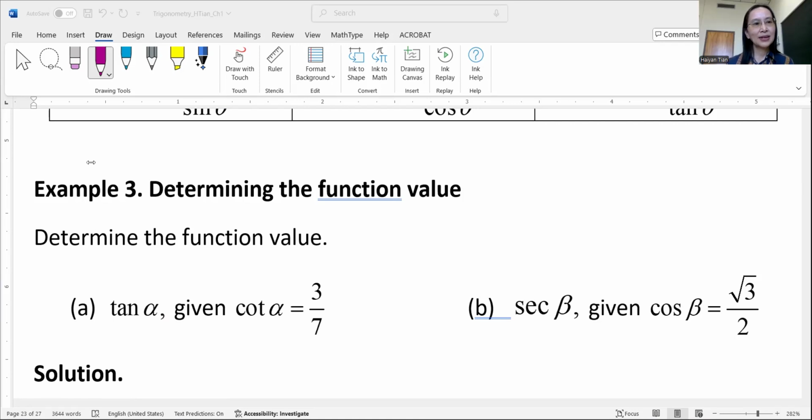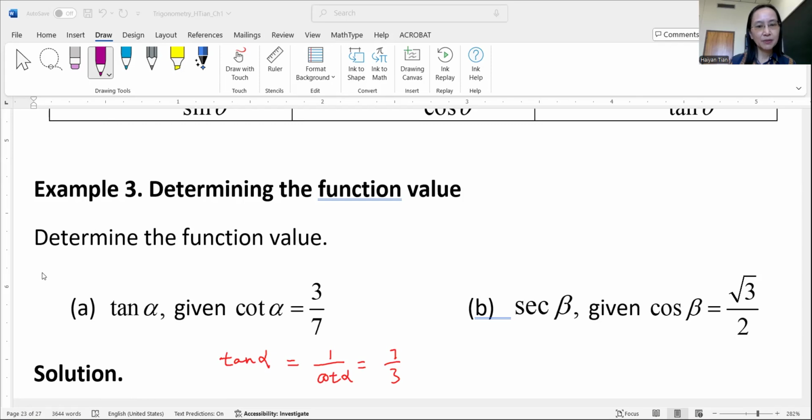If you remember the reciprocal identity, tangent alpha must be the reciprocal of cotangent alpha. So if cotangent alpha is 3/7, the reciprocal of 3/7 will be 7/3. So that is using the reciprocal identity.